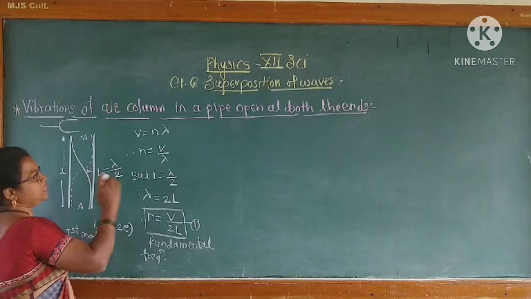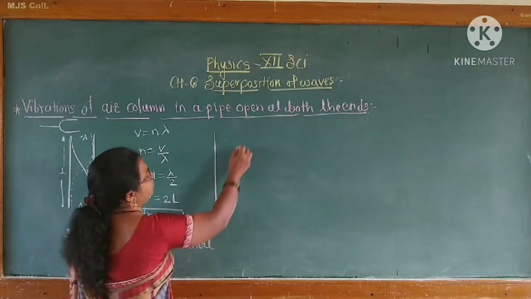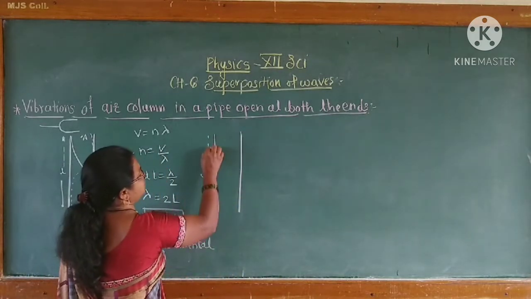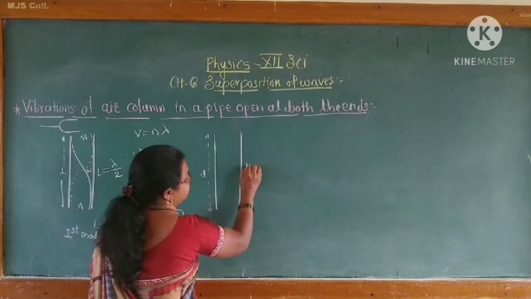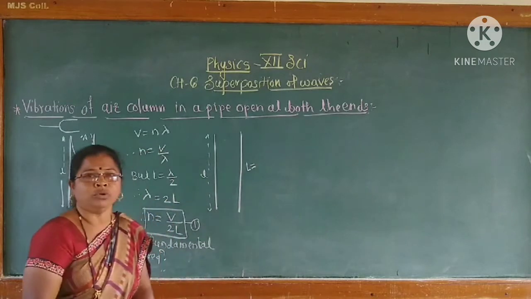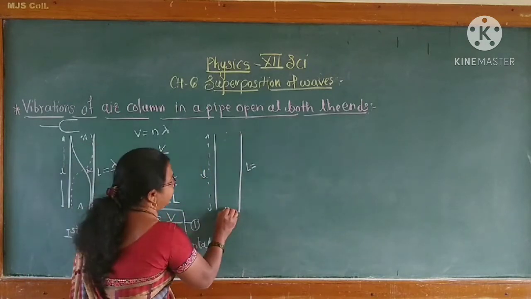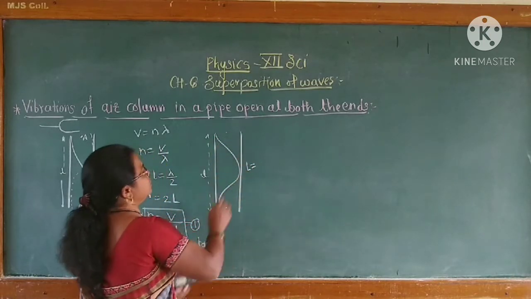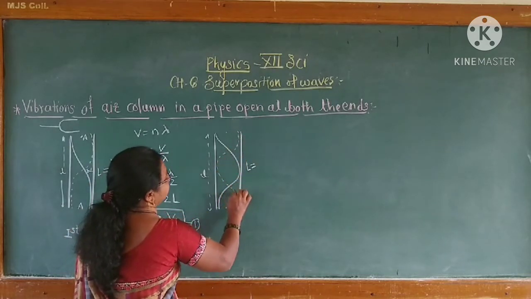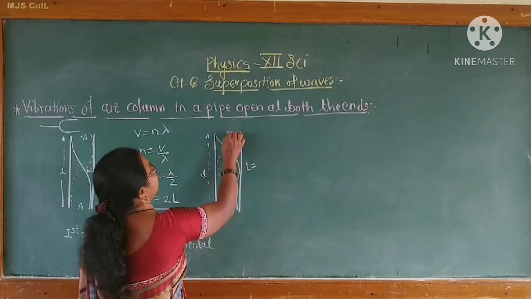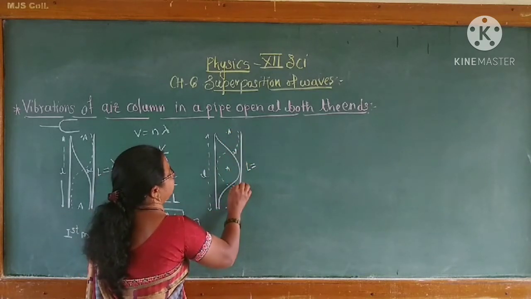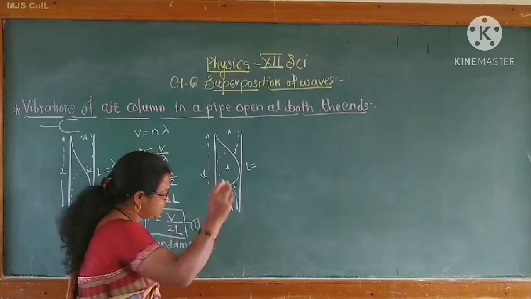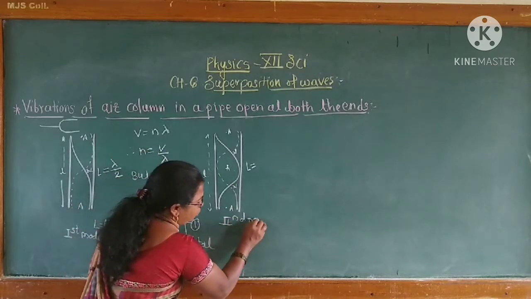Now secondly, in the second mode this length is kept the same. Here also there is formation of antinodes at the openings. So 2 nodes and 3 antinodes form in the second mode of vibration.